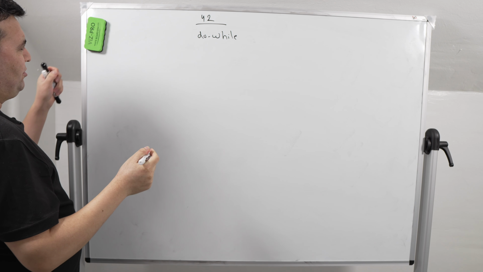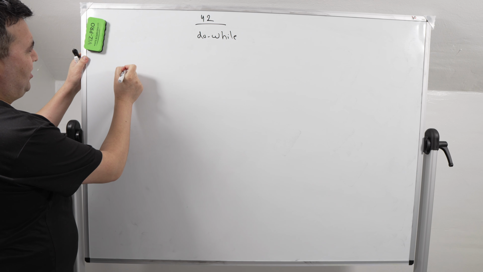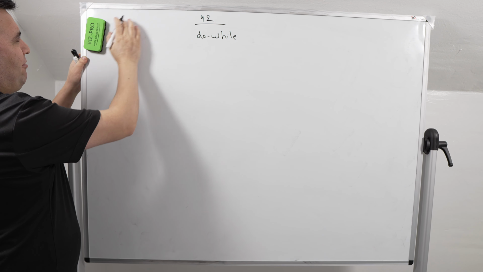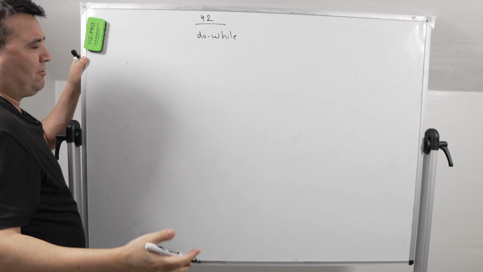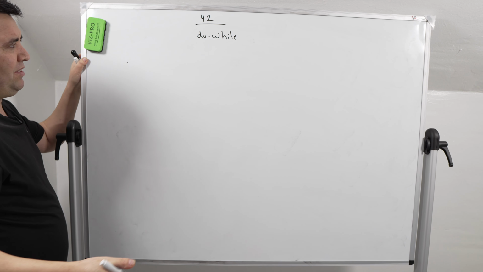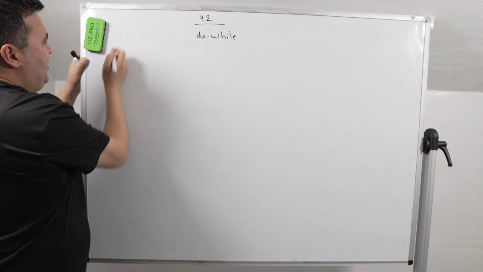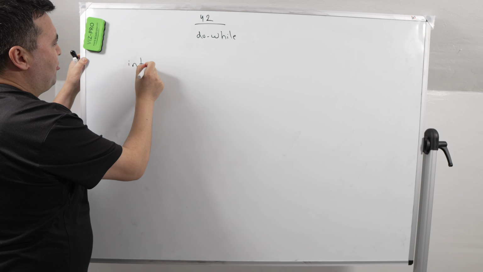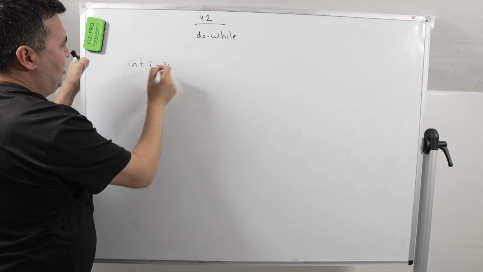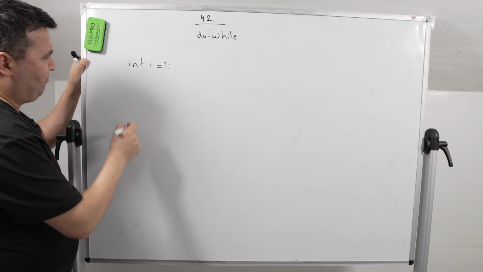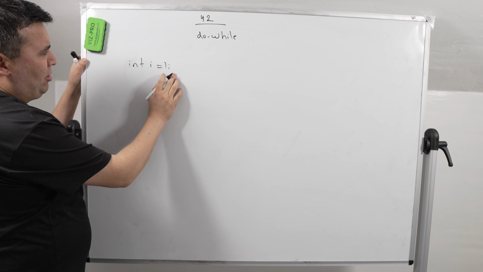If you want to use the while loop, I just write the program without the main function or other things. You can write that inside the main function, but I give you an example. We have an integer i equal to 1, and the program prints from number 1 till number 5.